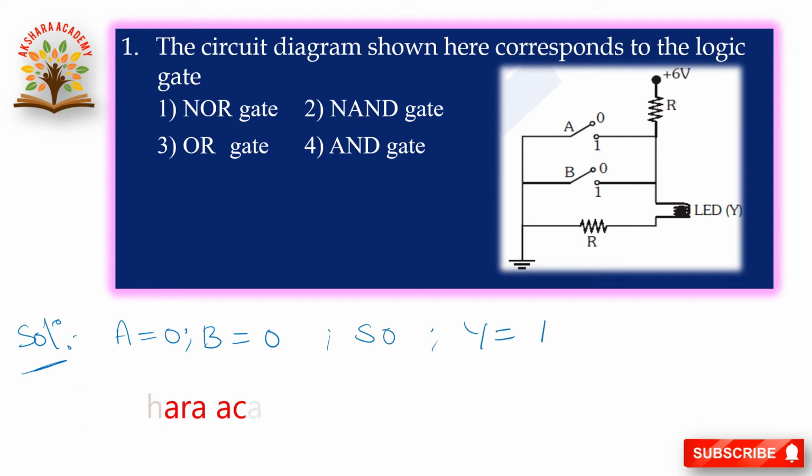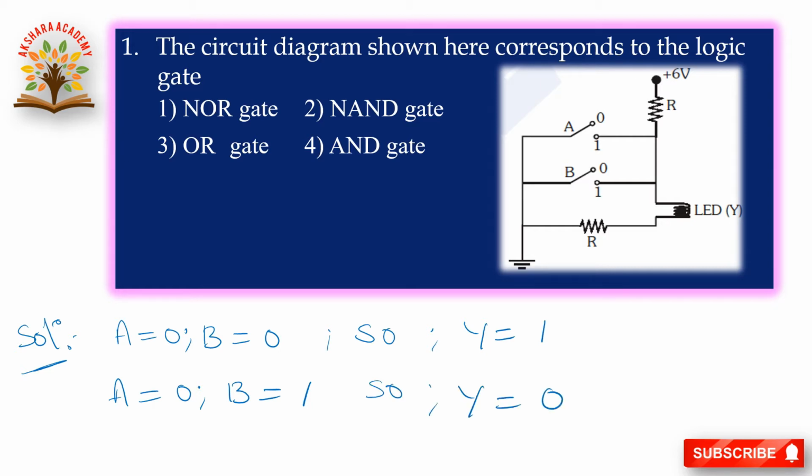When the switch A is open and B is closed, that is A is equal to 0, B is equal to 1, the total current passes through the switch B and no current flows through the bulb. So it will not glow. So Y is equal to 0.